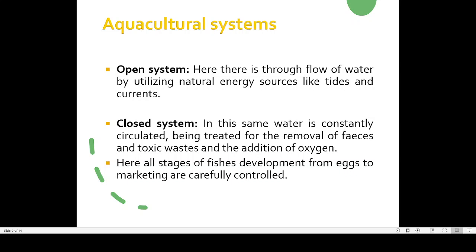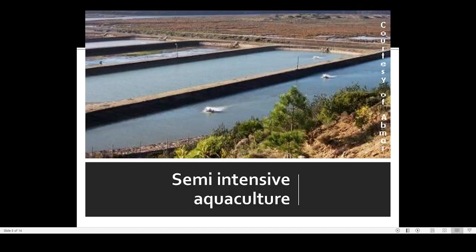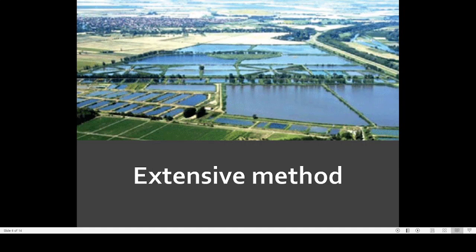There are basically two kinds of systems known as open system and closed system. Now in an open system, there is a thorough flow of water by utilizing natural energy sources like tides and currents. Here you can see that this is a natural water body, and the only thing leading to the movement of water is the natural tides or the flow of some river water or canal water.